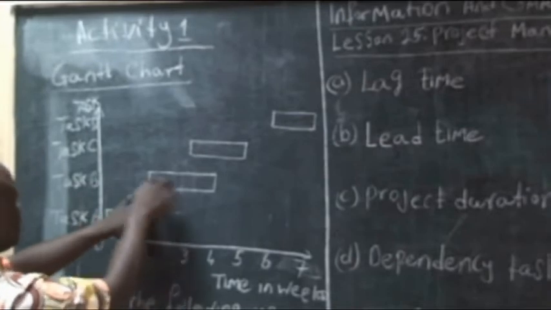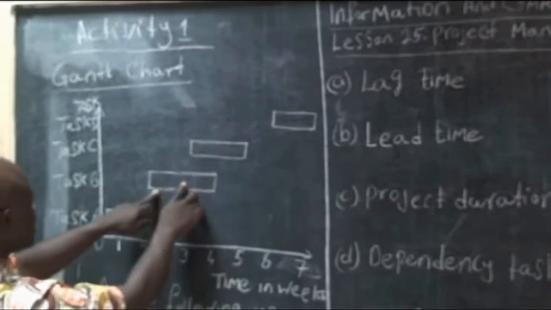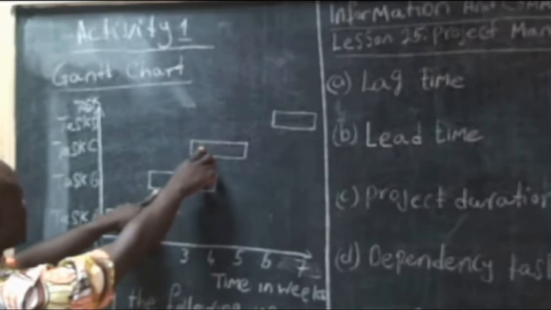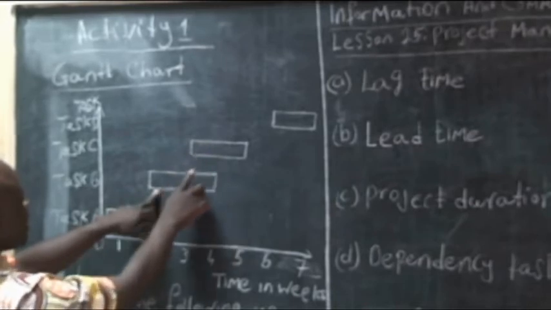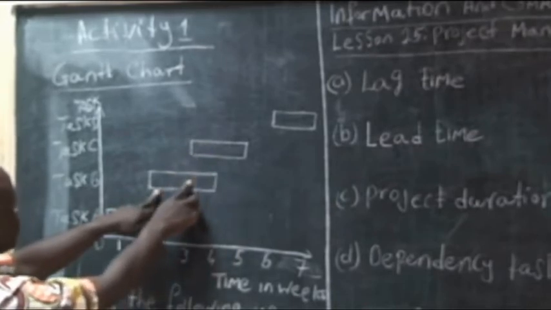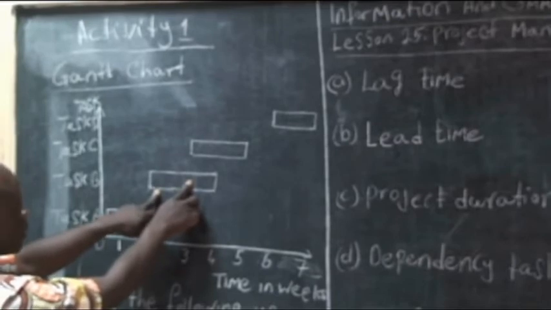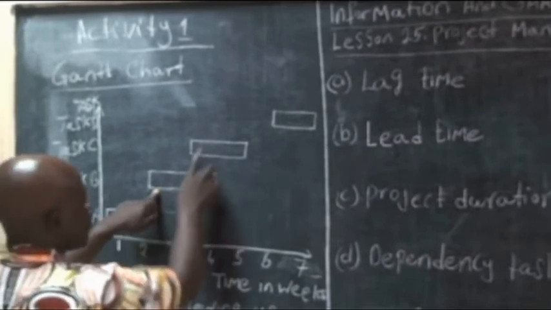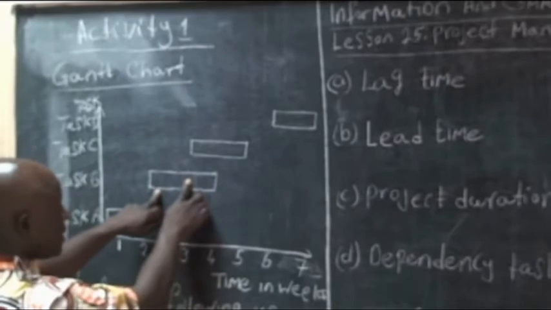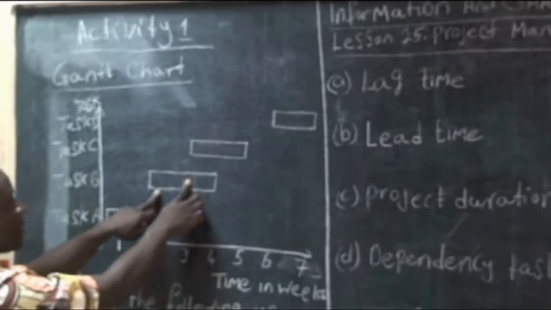We look at activity B and C. Instead, we see that activity C starts even when the activity B has not yet been completed. So we cannot have the lag time here based on the definition of the lag time.